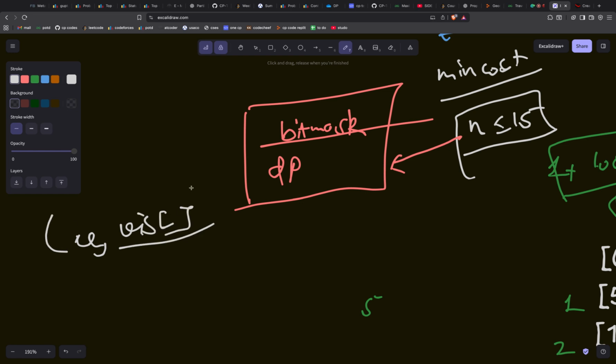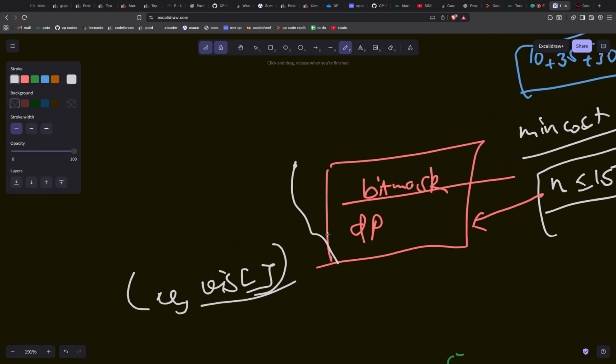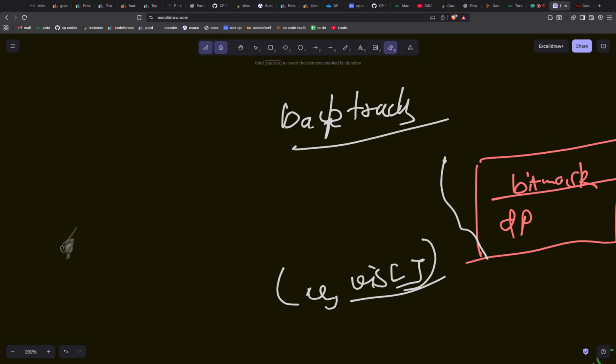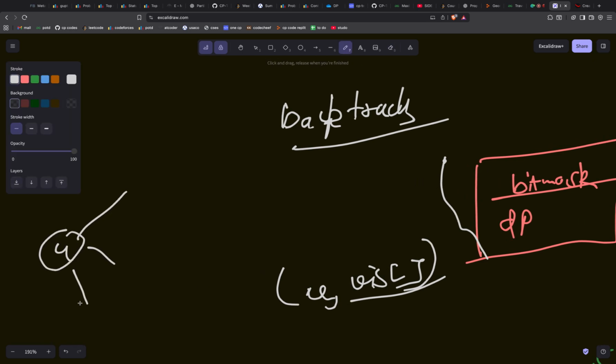Basically, we are doing a DFS traversal, and if we forget about bit mask and DP, let's just do a backtracking solution. So, what would be a backtracking solution? Basically, you are at vertex U. From vertex U, you have to go to all these vertices V which are not visited.